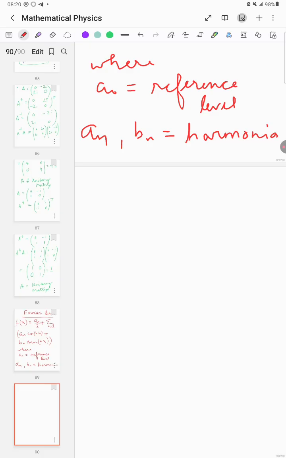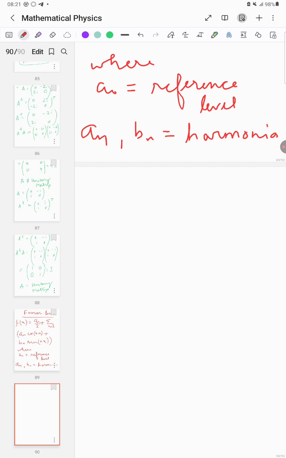In electrical signals, they help us analyze distortions. In vibration, they describe different modes of oscillation. Harmonics are essentially the building blocks of a Fourier series, allowing us to understand complex periodic behavior in terms of simple sinusoidal components.